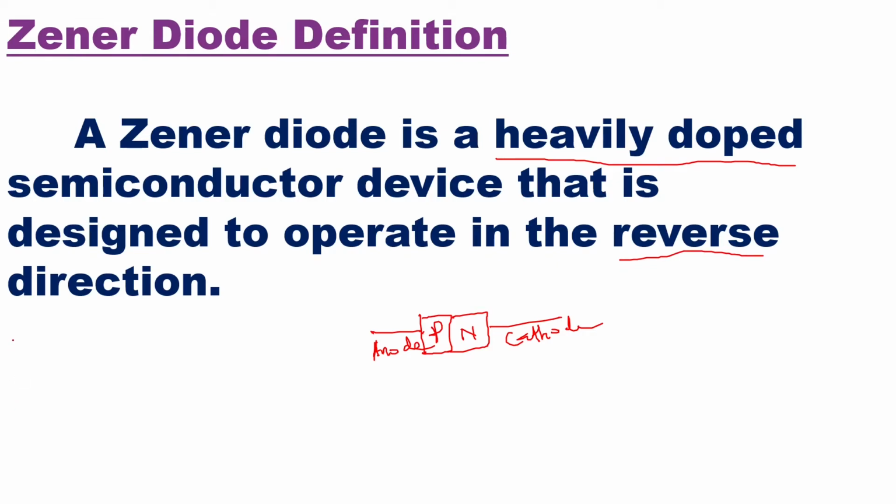In reverse direction, this is very important. Its speciality is in reverse direction because if you see the graph in reverse direction, at one stage the voltage across it will remain constant and current will go on increasing. If you are able to make a voltage constant while the current varies, then you can use such a device very nicely in an application called a voltage regulator.